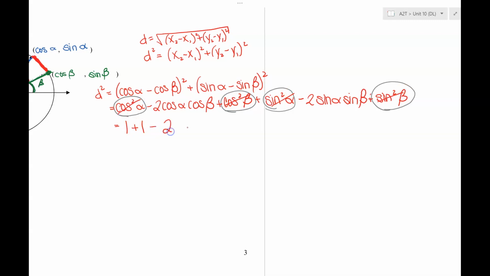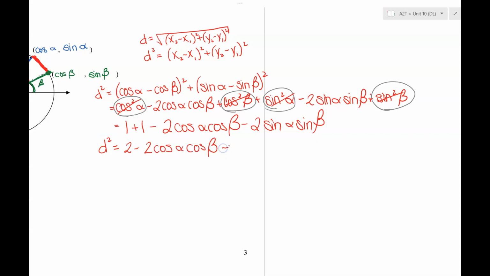And then we have minus 2 cosine alpha cosine beta minus 2 sine alpha sine beta. And then we'll just simplify. So d squared is going to equal 2 minus 2 cosine alpha cosine beta minus 2 sine alpha sine beta. Okay, so that's one way for us to figure out the distance between those 2 points.